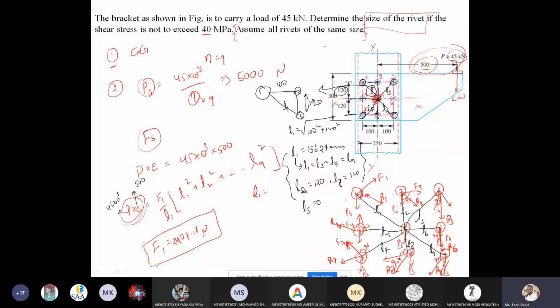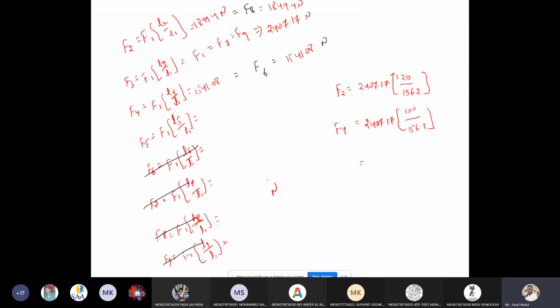Okay, so in the third point we have to calculate the resultant shear forces, R1 to R9 actual.